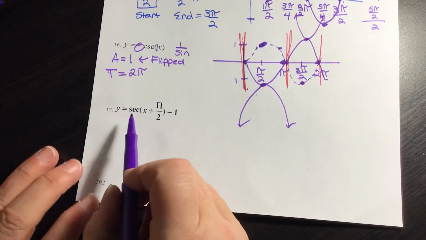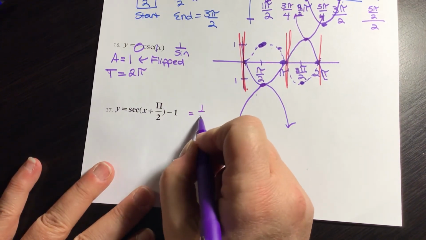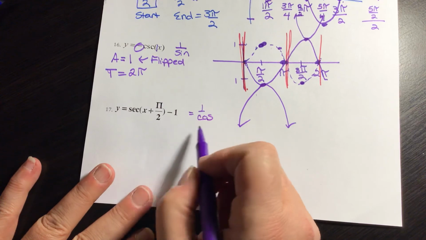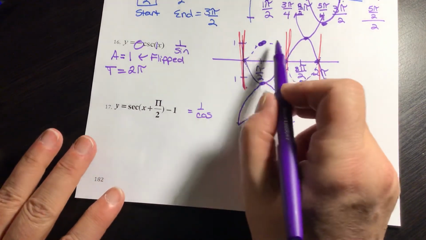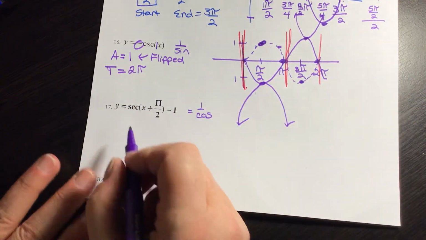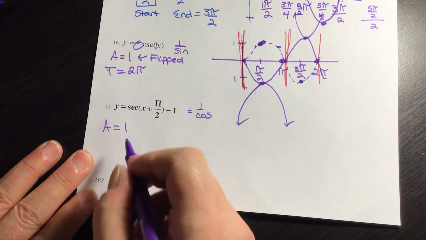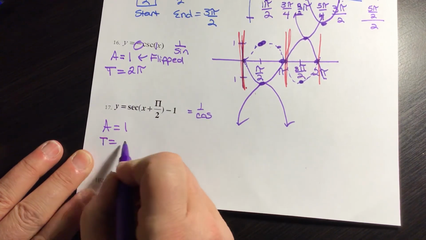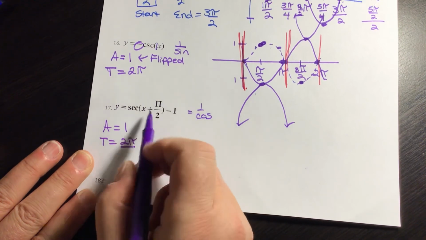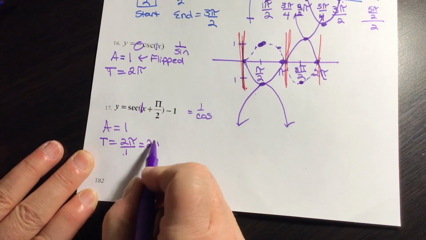Last one. Here I have secant, which is 1 over cosine. So I'm going to use a cosine graph as a starter. And then my amplitude is 1. My period is 2 pi over b, which is 1, which is 2 pi.